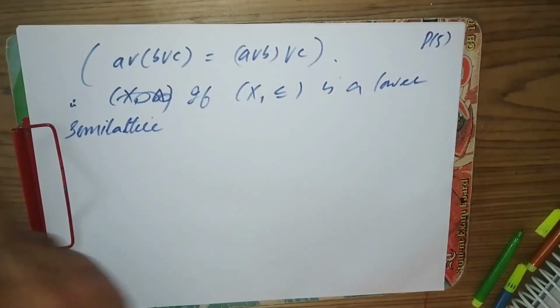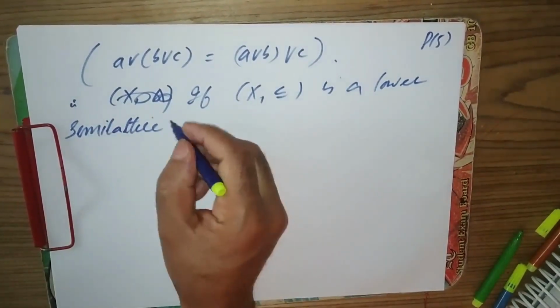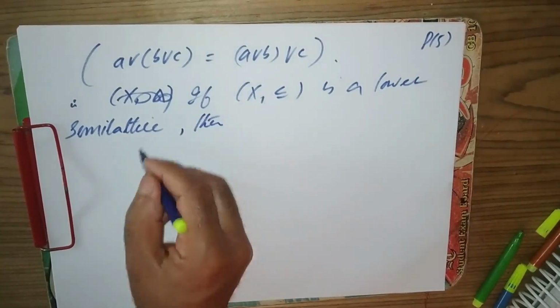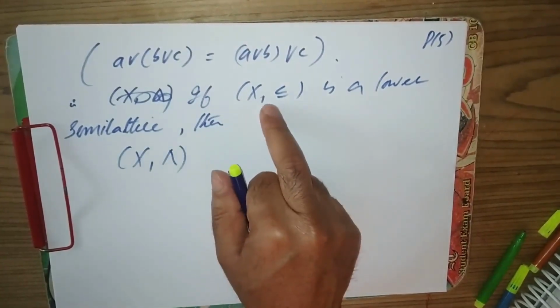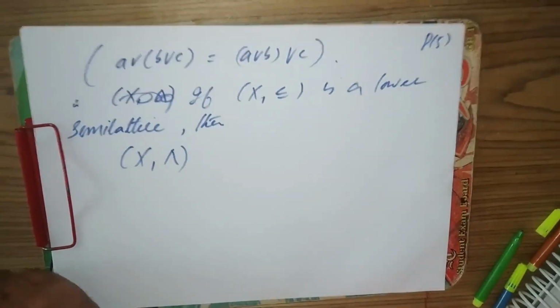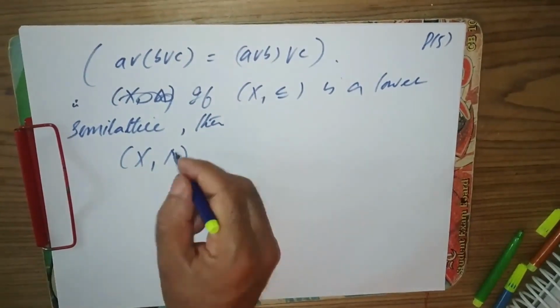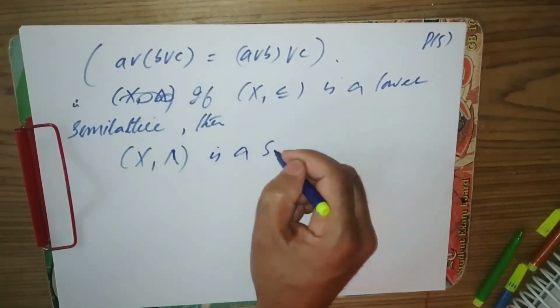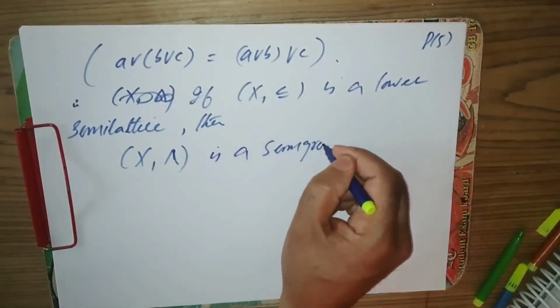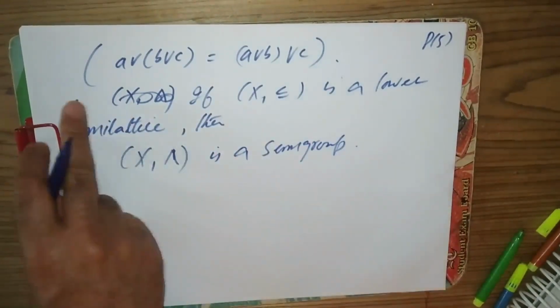If this is a lower semilattice, then together with this binary operation, because for any A, B in X, A meet B exists and is always in X, this is a semigroup. You can easily verify it because it satisfies the associative property.